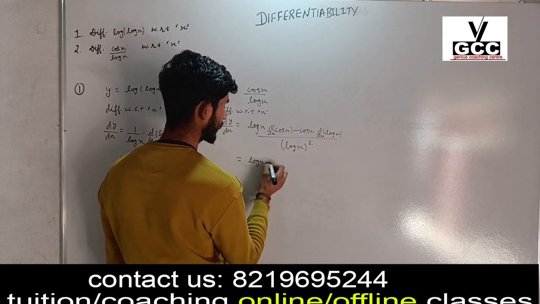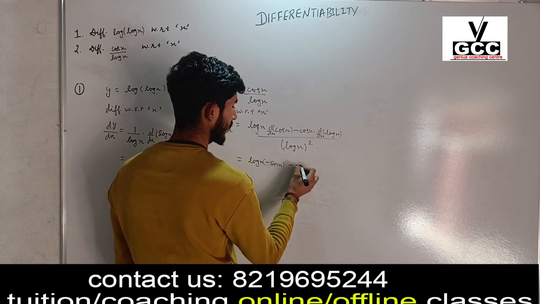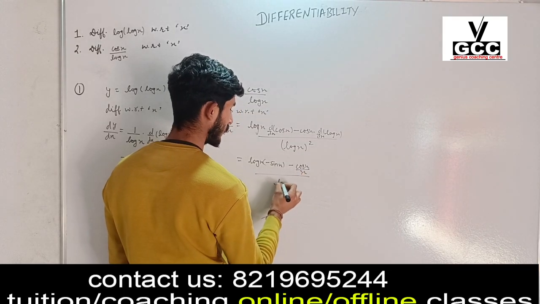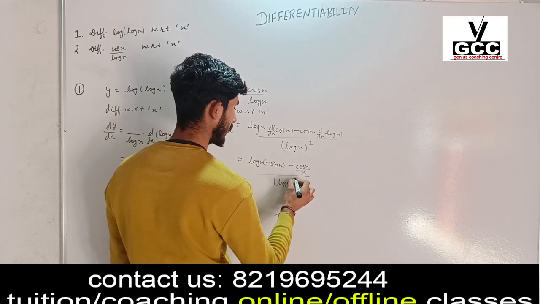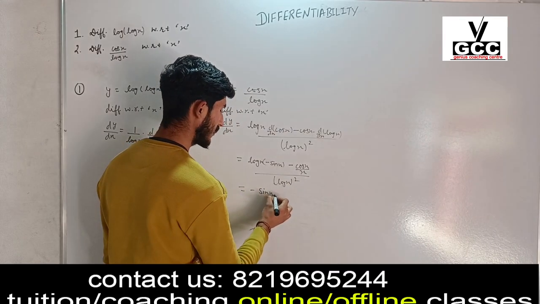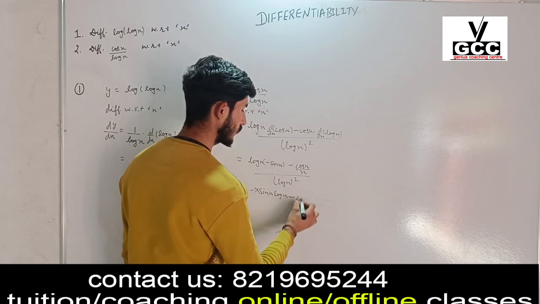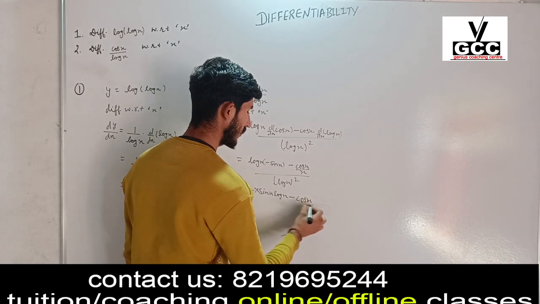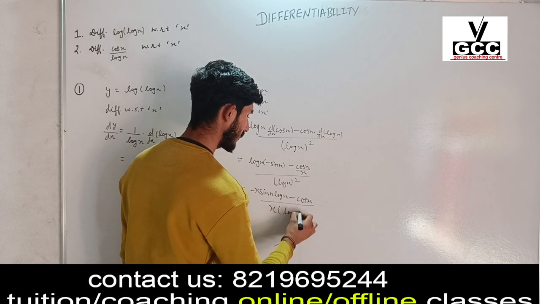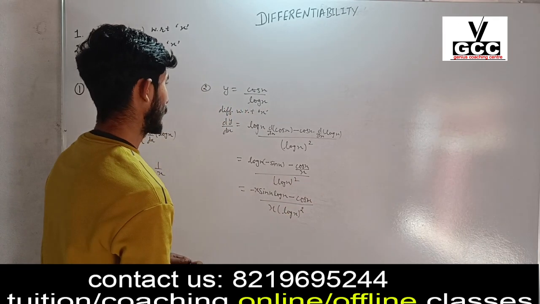Now solve out: log x as it is, the derivative of cos x is equal to minus sin x, minus cos x, and the derivative of log x is equal to 1 upon x, over log x whole square. Now solve out, we get minus sin x log x into x minus cos x, whole upon x into log x whole square. That is the required answer.